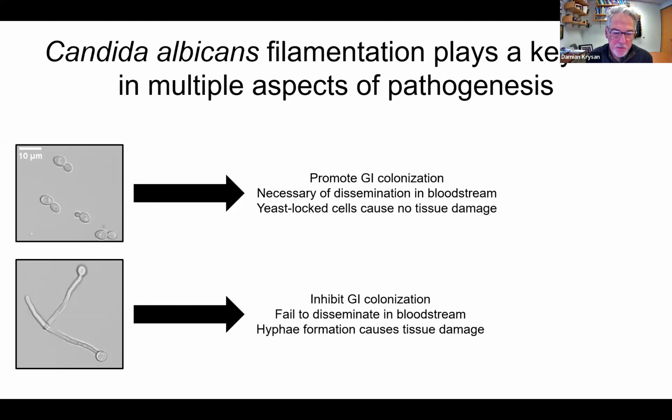In general, they don't disseminate very well because they're presumably big and stick in various parts of the bloodstream and don't get to their target organs. But once they're in the target organ, the hyphae are critical for causing tissue damage.